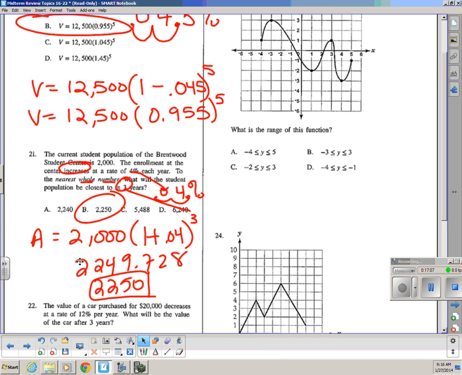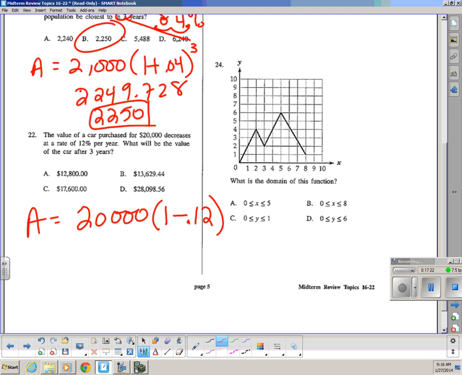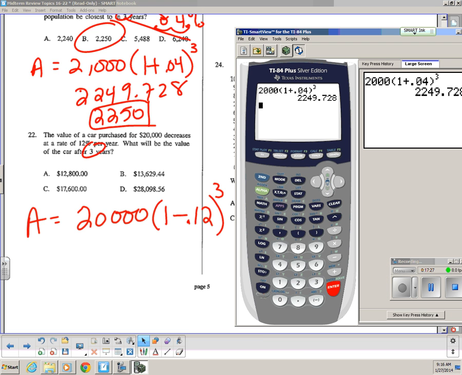Number 22, the value of a car purchased for $20,000 decreases at a rate of 12% per year. What is the value of that car after 3 years? So my amount was 20,000 times 1 minus 0.12, and I'm going 3 years. So I'm going to do 20,000 times 1 minus 0.12 raised to the 3rd power.